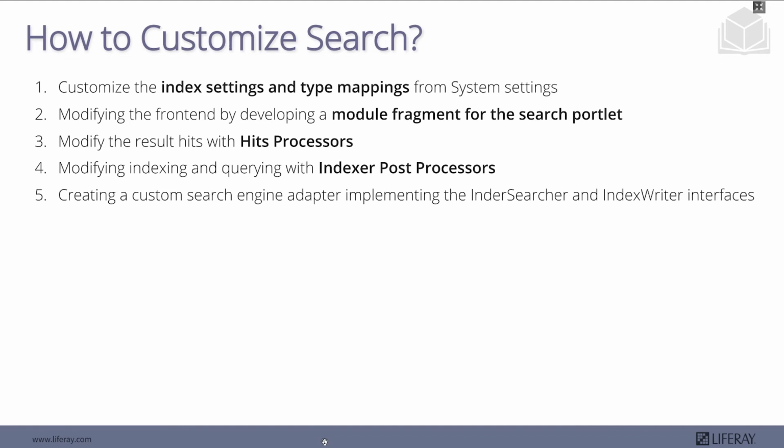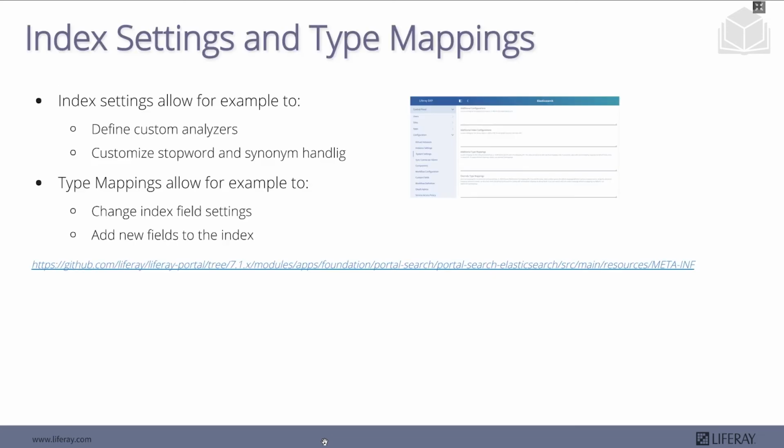We're able to modify the indexing and the querying with one of our tools called an indexer post processor, right? And if we want, we can have a custom search engine adapter implementing the index searcher and index writer interface. That last one is, again, a little bit extra, but the other four are kind of big common use cases of when we would like to customize in the search engine or search in general.